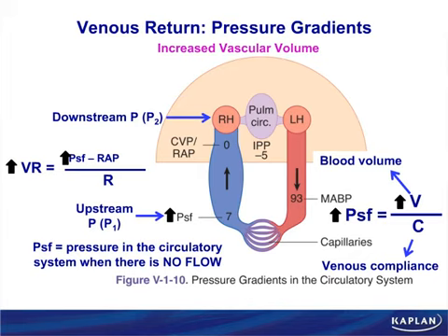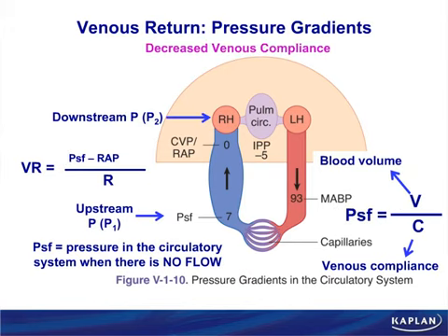So if PSF goes up, then venous return goes up. Decreasing vascular volume has the opposite effect. If vascular volume, remember this is total blood volume, if volume goes down, then PSF goes down. And if PSF goes down, that's the pressure head going down, then venous return goes down.